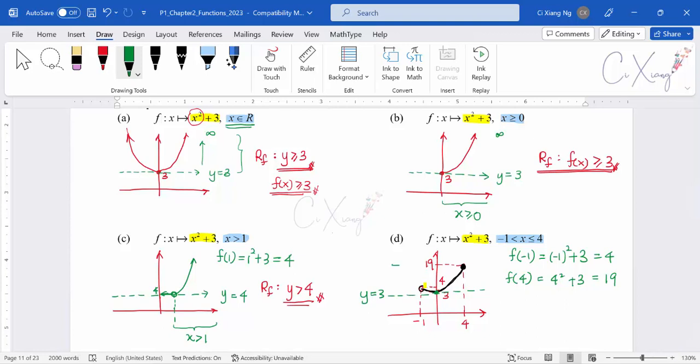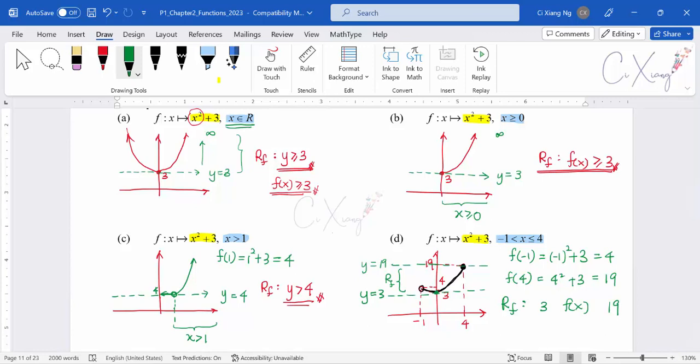My highest point will be this one, where y equals 19. So this is the range for my function in this example. From here you know that the range of the function will be from 3, then y or f(x), you can write f(x), and then 19.